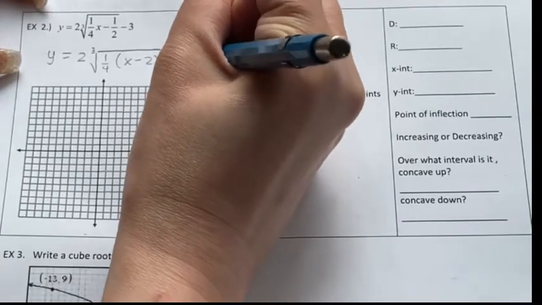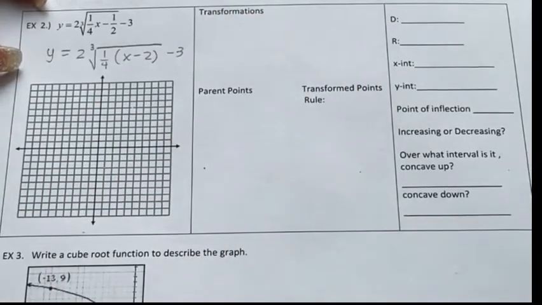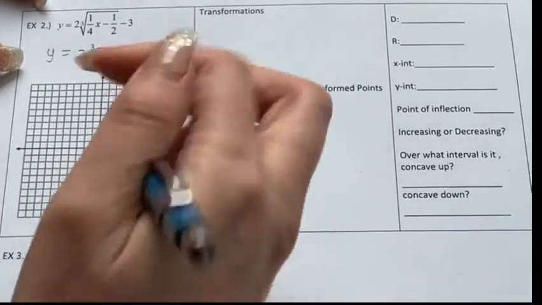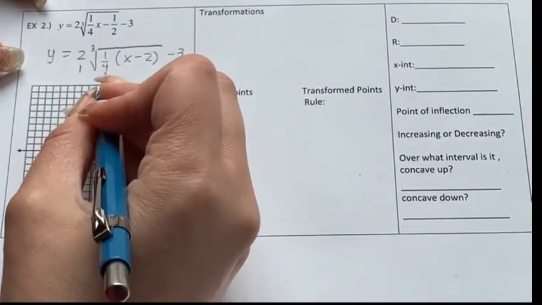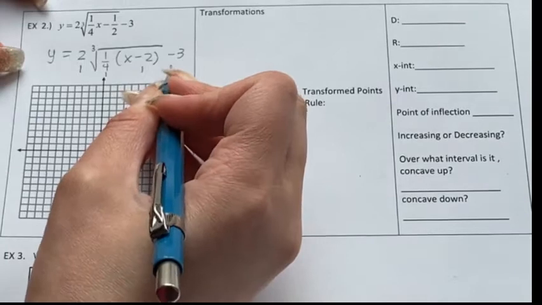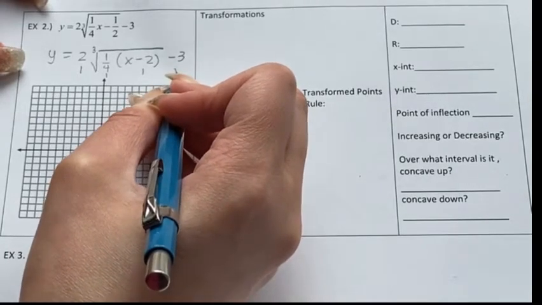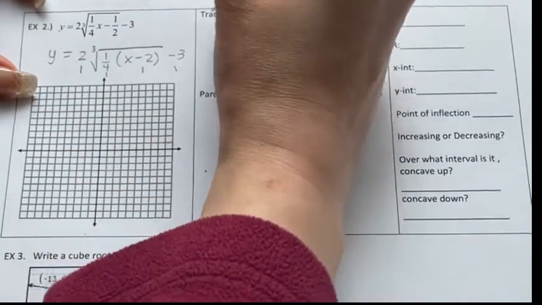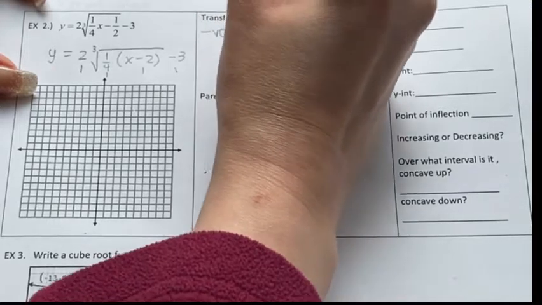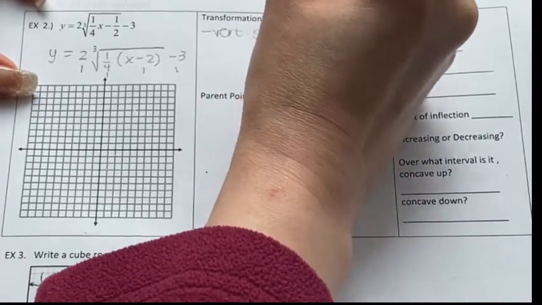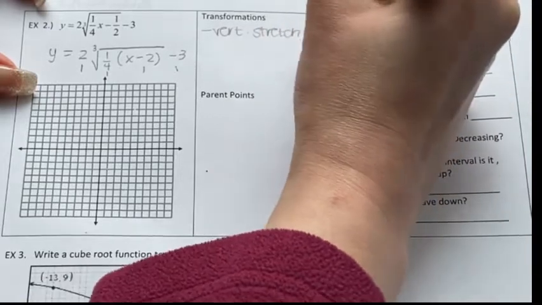Okay, and then we have the 3 here. Once I analyze it from here, I know that I have a transformation here, another one here, another one here, and here. So I have 4 transformations. The first one is a vertical stretch by 2.